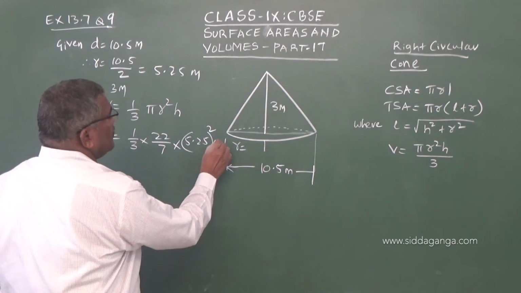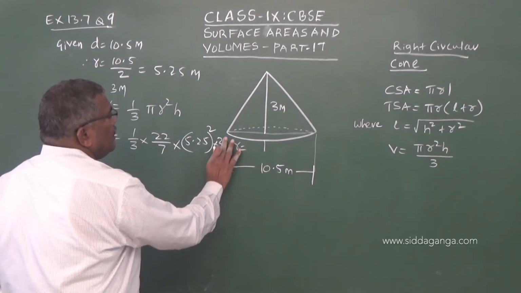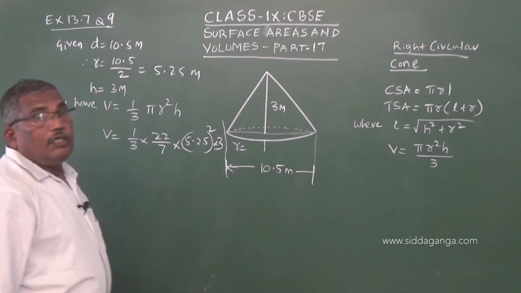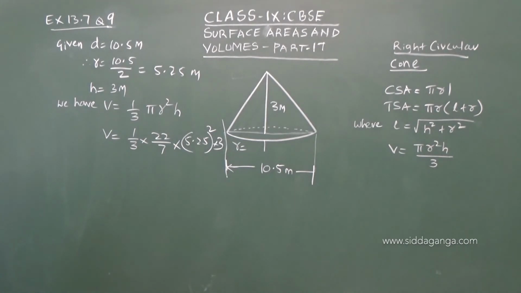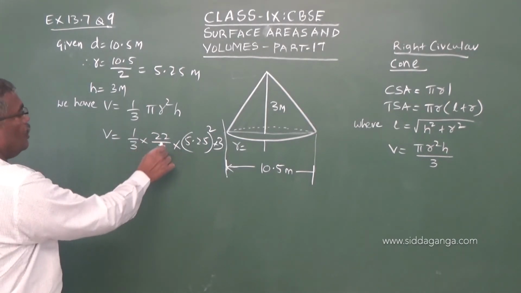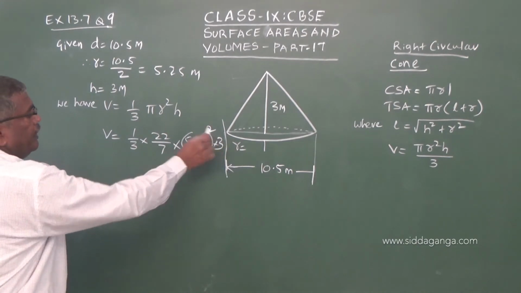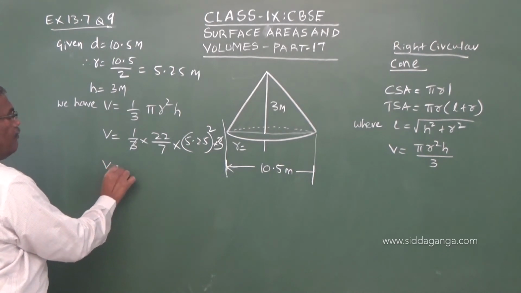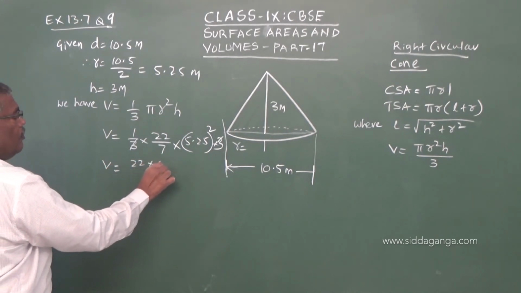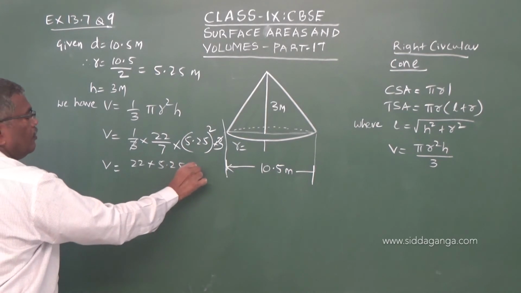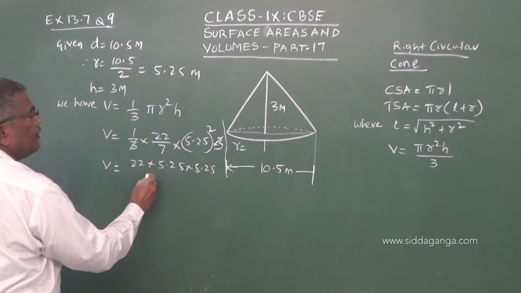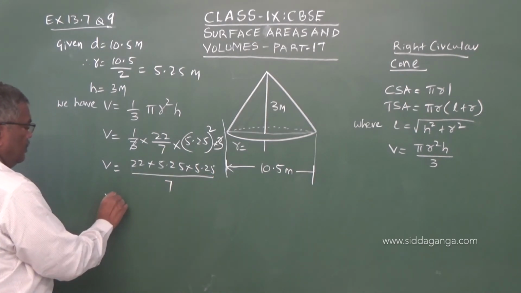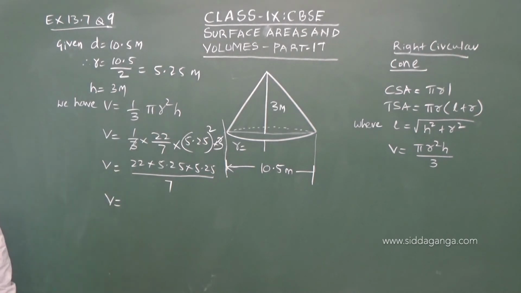So, h is 3 meters. So, we have 1 by 3 into 22 by 7 into 5.25 whole square into 3. Here 3 and 3 get cancelled. So, we are left with 22 into 5.25 into 5.25 divided by 7.